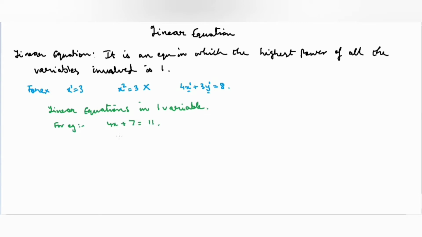And now the question might ask us to find the value of x. In order to find the value of x, we need to know a certain number of rules. First is, we can add or subtract constants on both the sides.